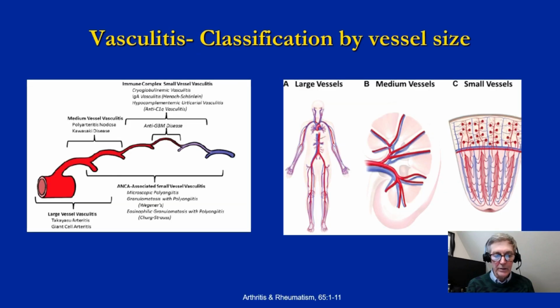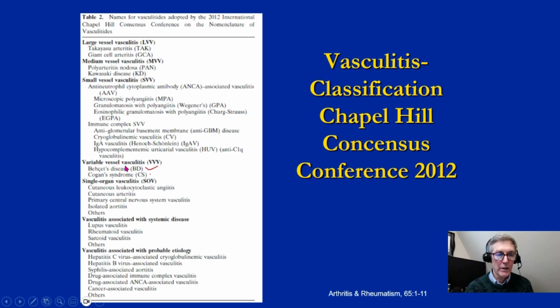The Chapel Hill Consensus Conference classified vasculitis based on the vessel size and the presence or the absence of an ANCA. Today we'll discuss the variable vessel vasculitis, specifically Behcet's, but I will make a nod to Cogan syndrome also.